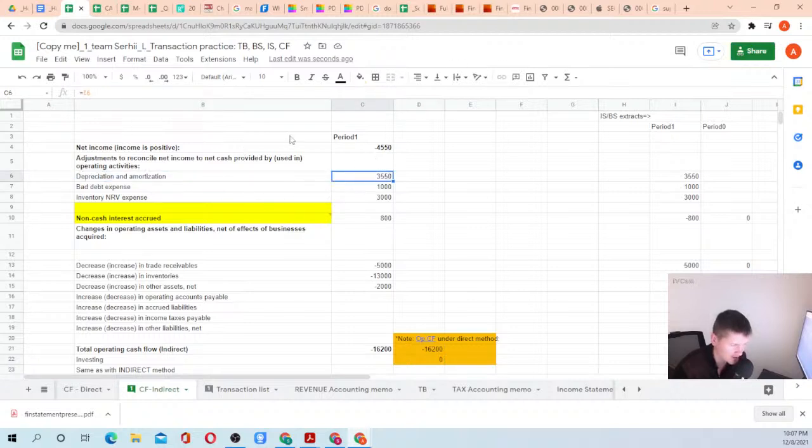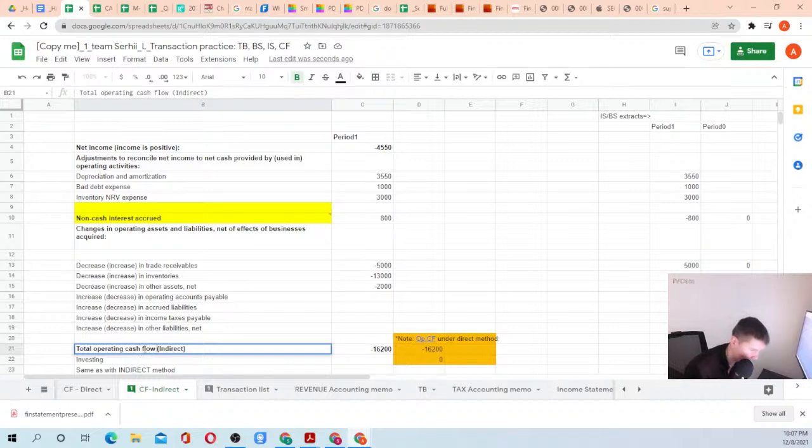Depreciation, so you basically add back depreciation to your net income to come up with your operating cash flow. Currently it's inflow, but we can also say if it's negative it would be outflow.